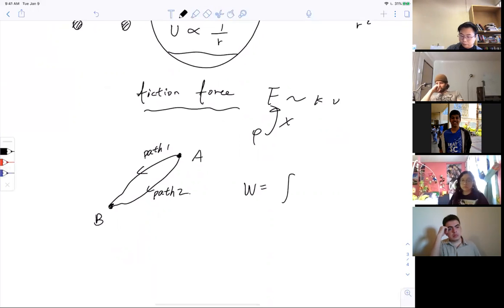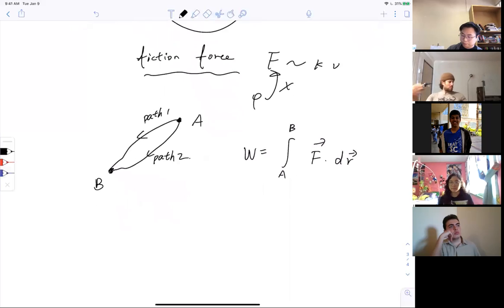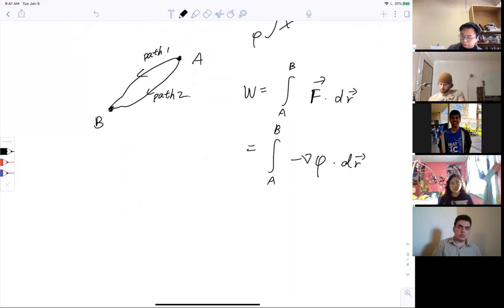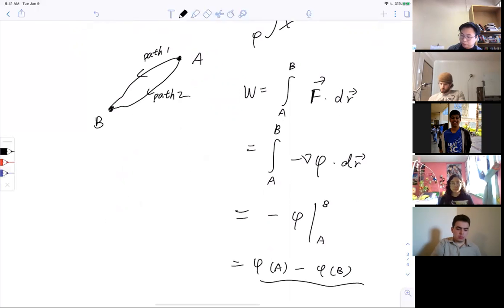This is also easy to prove. For example, from point A to point B, I have a force, and this is just a line integral, right? If this force can be written in this gradient form, then this is nothing but minus phi B minus phi A, which is phi A minus phi B, right?